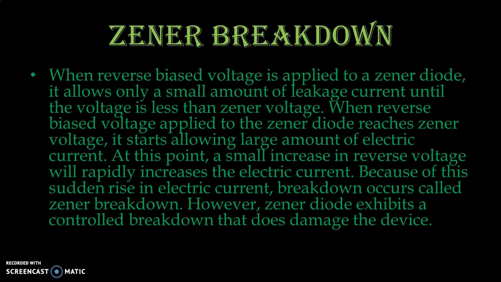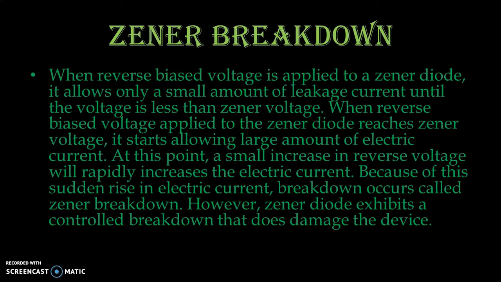When reverse biased voltage applied to Zener diode reaches Zener voltage, it starts allowing a large amount of electric current. At this point, a small increase in reverse voltage will rapidly increase the electric current. Because of this sudden rise in electric current, breakdown occurs and that is called Zener breakdown.